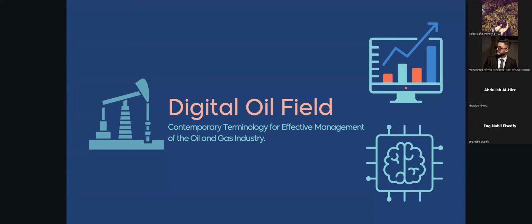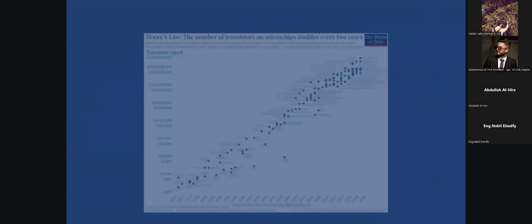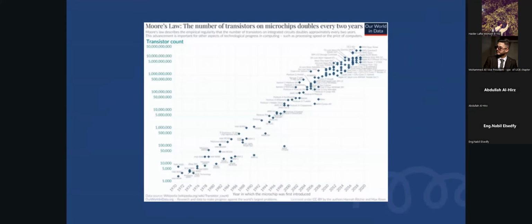So I will start briefly, I will go back a little bit to 1970 up until now. You see this chart, which is demonstrating the transistors, as we call it Moore's law. You can see the transistors increasing per each CPU that you are utilizing in your phone, in your computer, and in all the smart devices that we have now in our life.